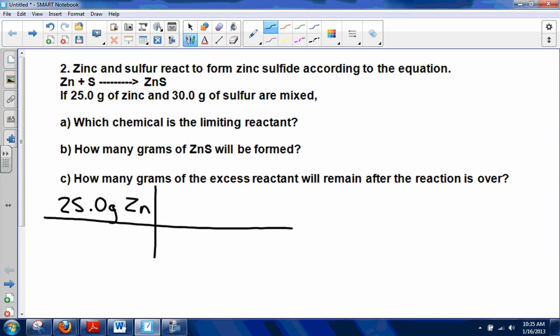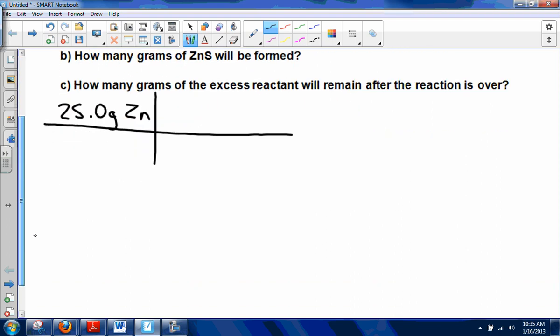Okay, so I start with 25 grams of zinc. Since I've got grams on top, I'm going to put grams on bottom. My only conversion factor I know that has grams in it has grams and moles. And that would be the molar mass of zinc.